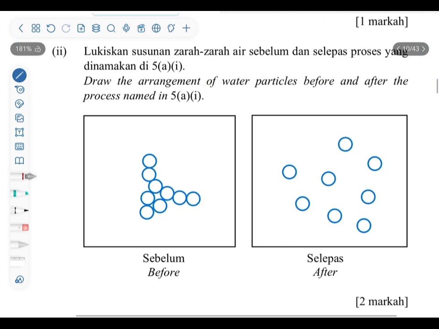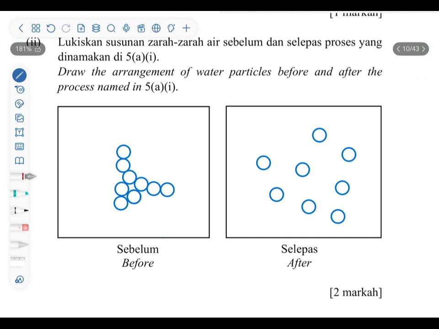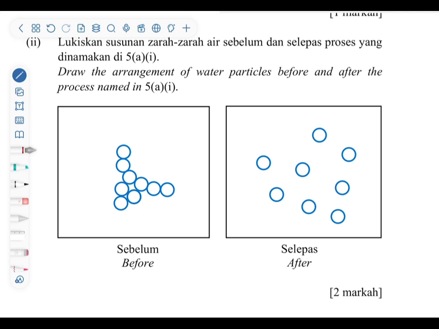This is the picture for the liquid. How we draw liquid is, you draw the particles one by one, and they stick to each other with a little bit of space between them. Every single blue circle represents a water molecule.